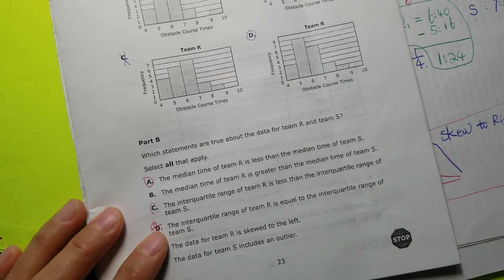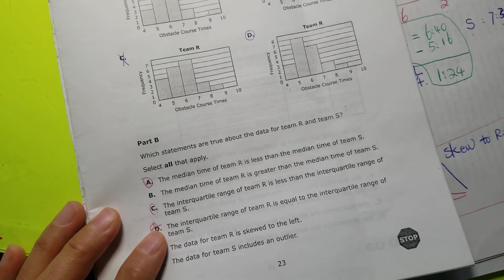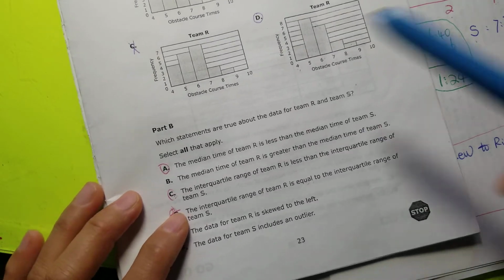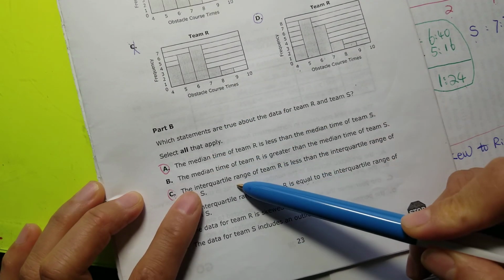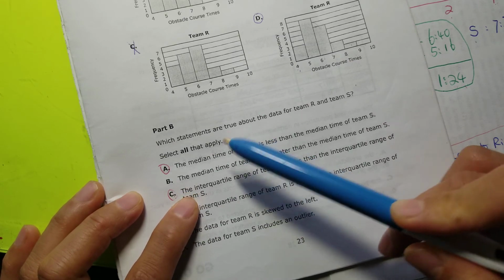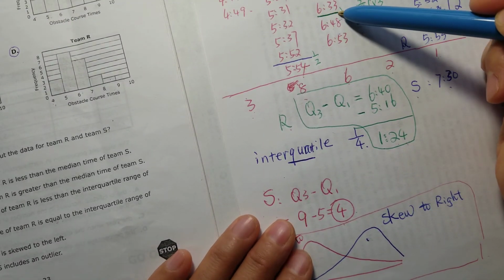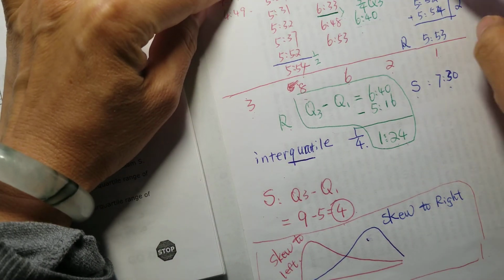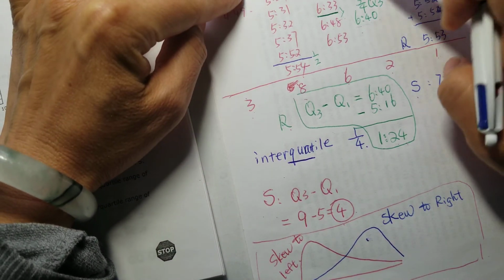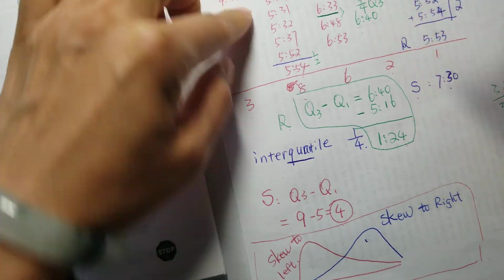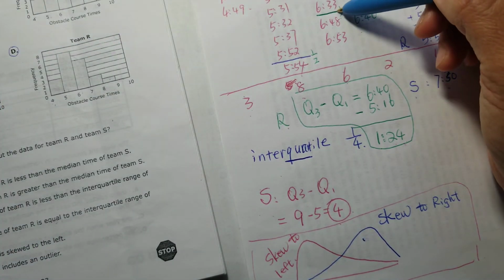Again, let me make a quick summary. Part B tests you on two definitions, the median and the interquartile range. The median is just the middle of your data. You can cross out highest, lowest, highest, lowest until you find the middle one.